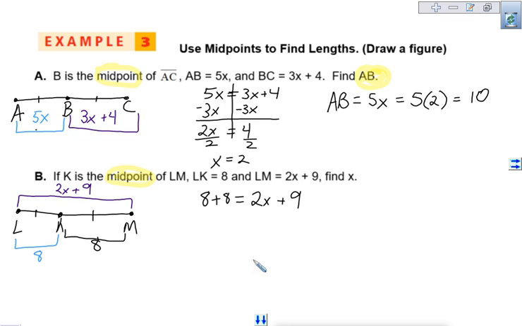What would we do now? Yes, we would combine our like terms. So 8 plus 8 is 16 equals 2x plus 9. If you need to draw that line through the middle, go ahead and do so. What would we do now? We're going to subtract that 9 from both sides.